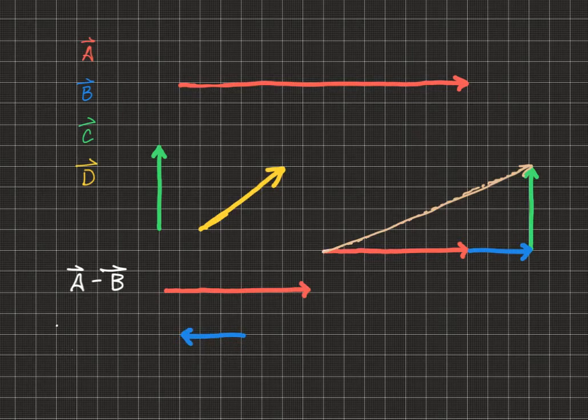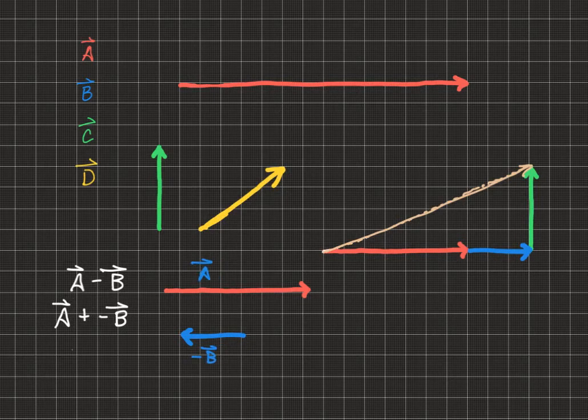So if you remember, subtraction is like adding a negative. So here I have negative vector B. Here I have vector A. So once again, I combine them by putting the tail to the tip.